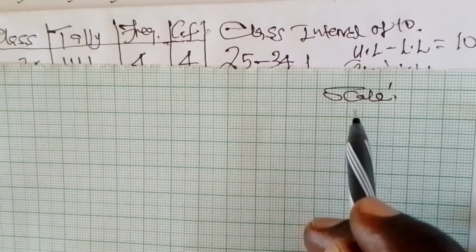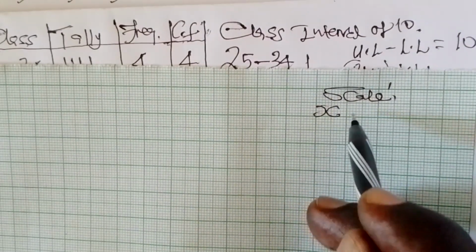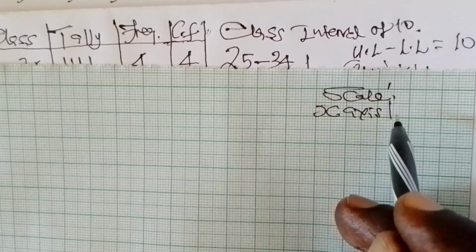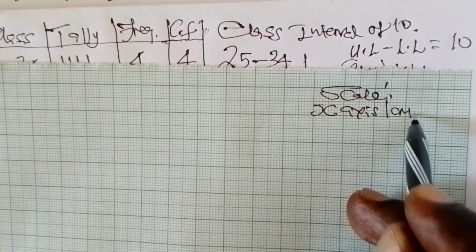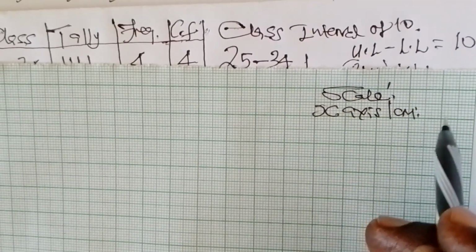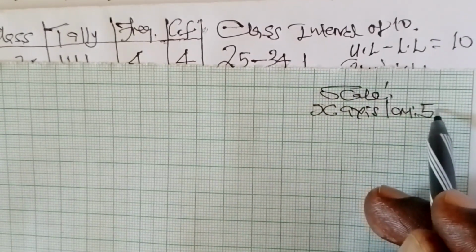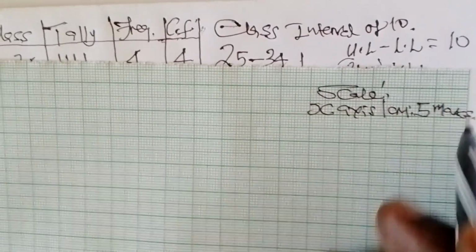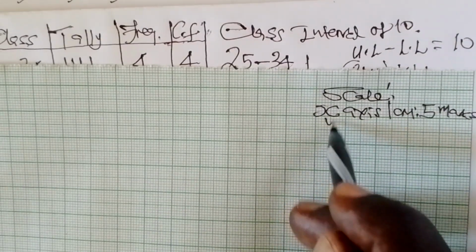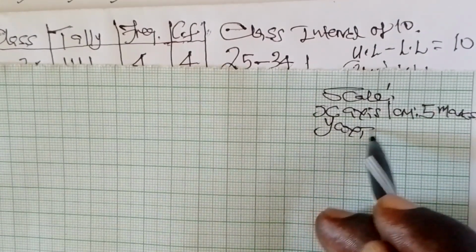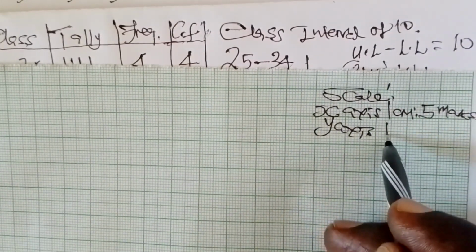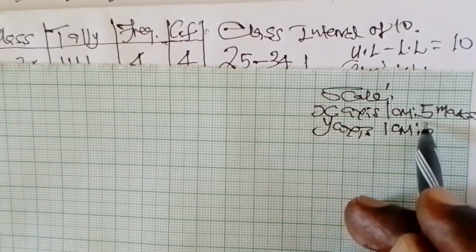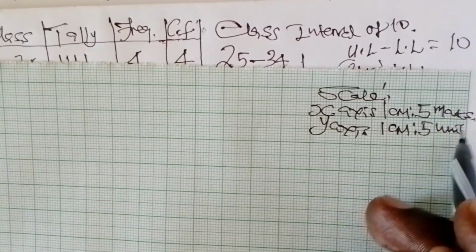And on the x-axis, let us get 1 centimeter to represent 5 marks. And then on the y-axis, 1 centimeter to represent 5 units.